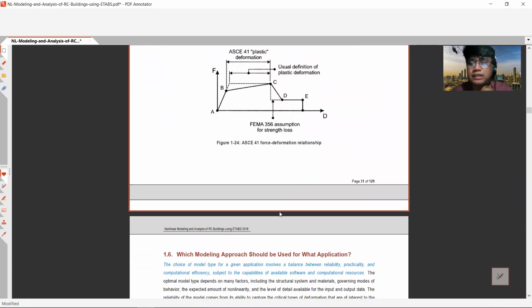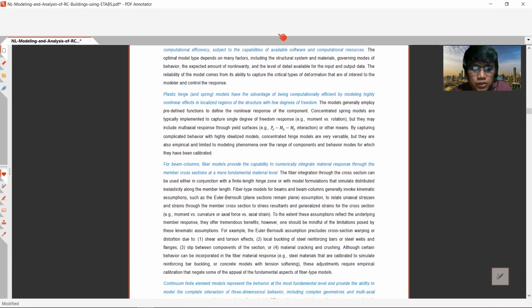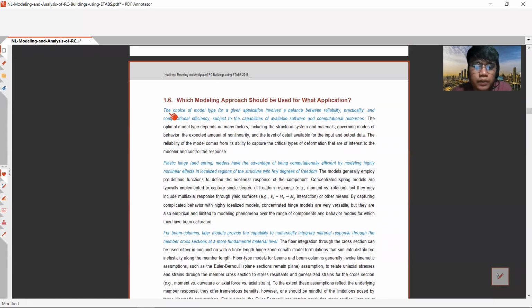Okay, sige. Yung next naman is we have the question, which modeling approach should be used and for what application? Okay, so I think this one will be the last topic for the chapter 1. So the choice of model type for a given application involves a balance between reliability, practicality, and computational efficiency, subject to capabilities of available software and the computational resources.